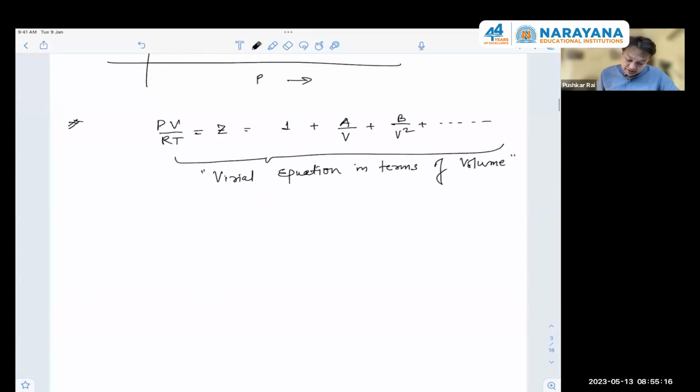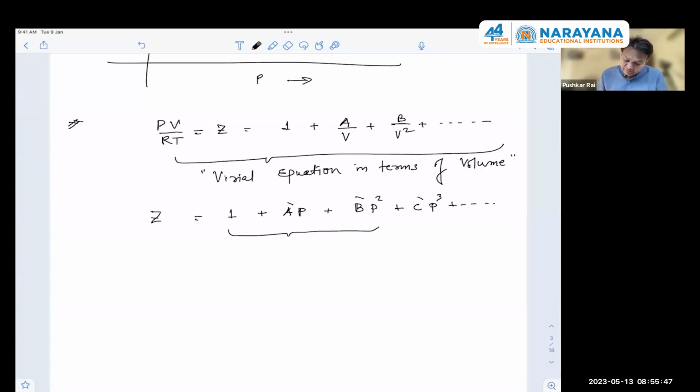And we can also write Z is equal to 1 plus A dash P plus B dash P square plus C dash P cube, and so on. Not many higher order terms, but at least up to this point we can go.